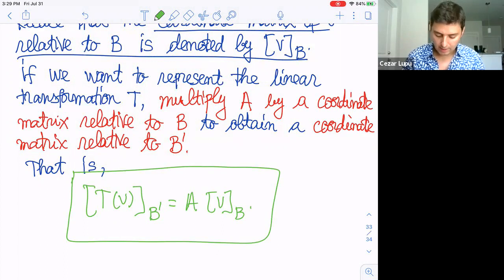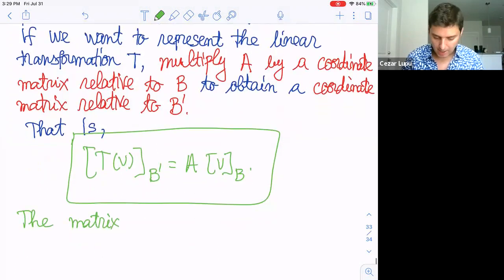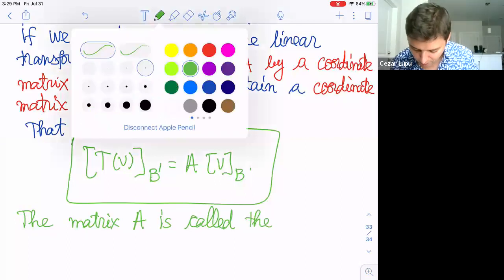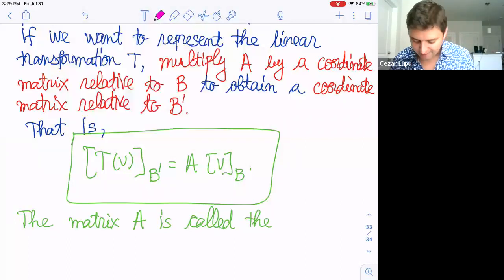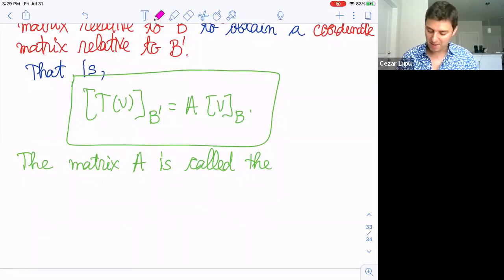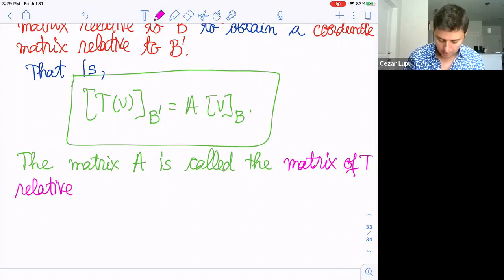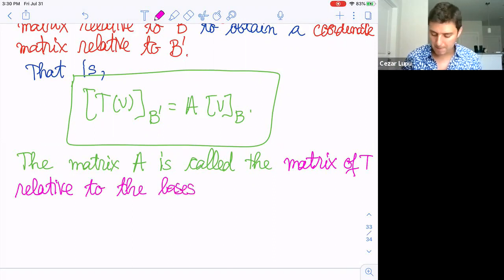And we say that the matrix A is called, let me change the color, let me write with pink, it's called the matrix of T relative to the bases B and B prime.